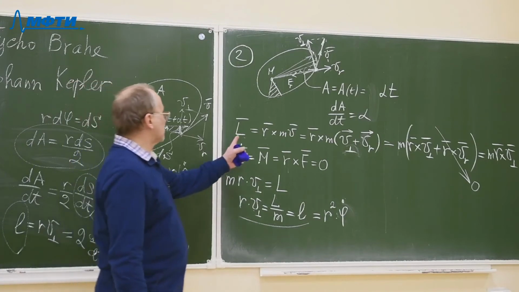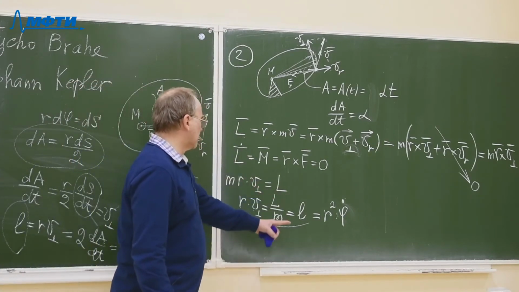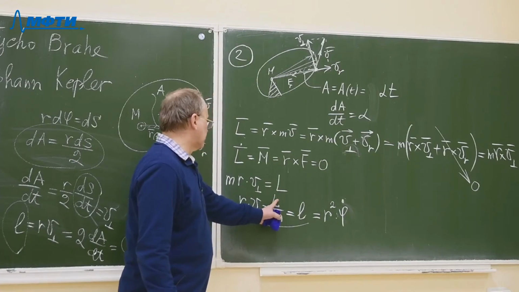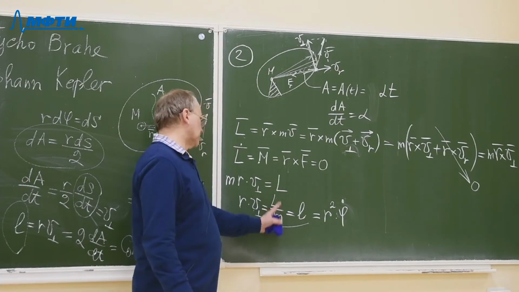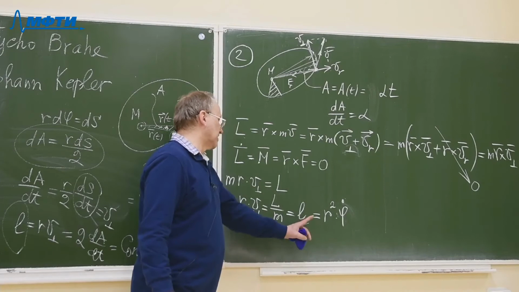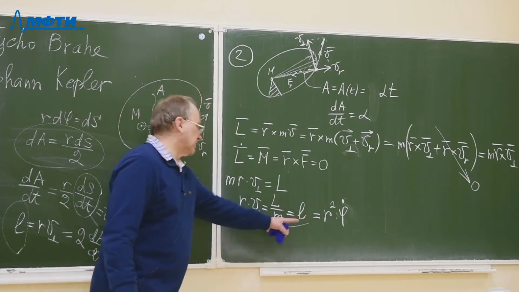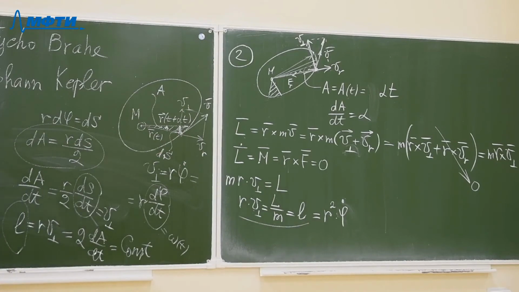Angular momentum, capital L, is conserved, as well as the small l, because small l is capital L, constant, divided by the mass of the planet, which is also constant. So angular momentum per unit mass is also constant in time. It's a conserved physical quantity.